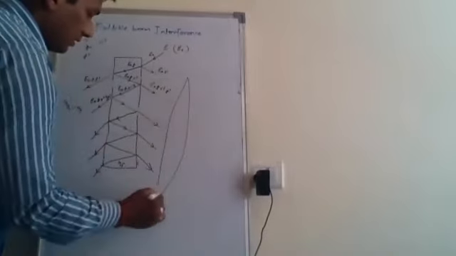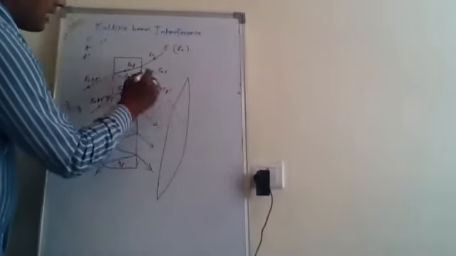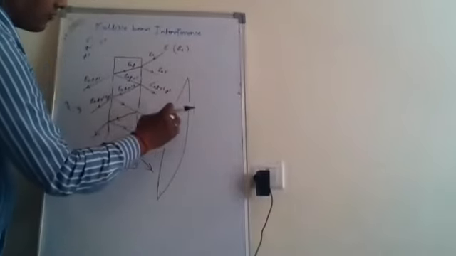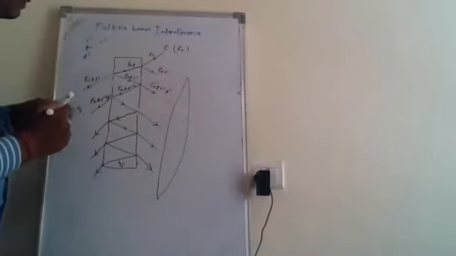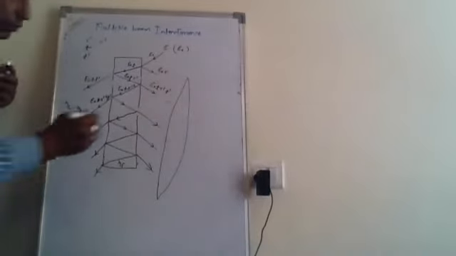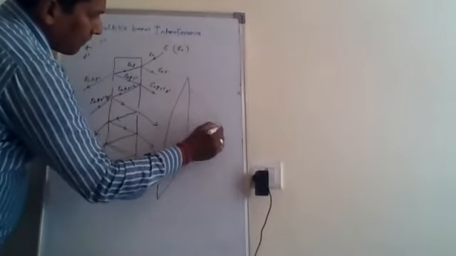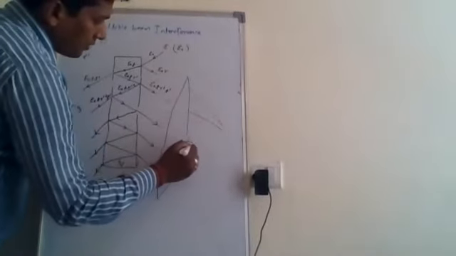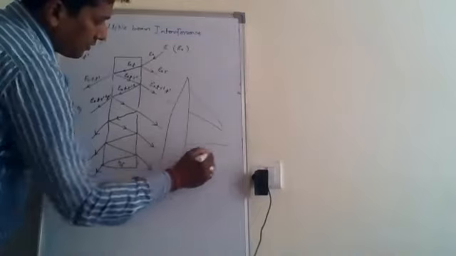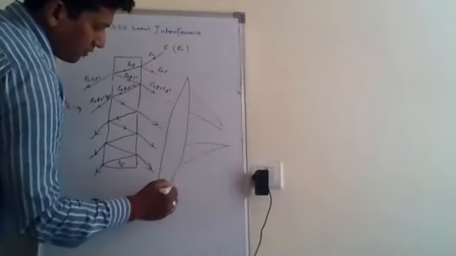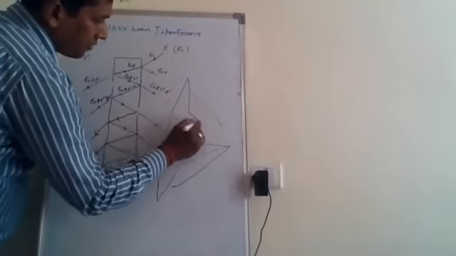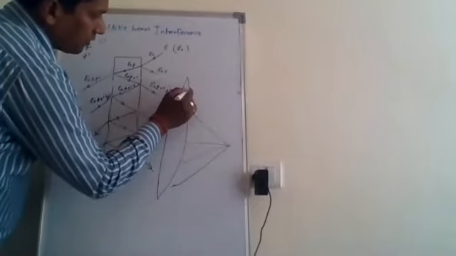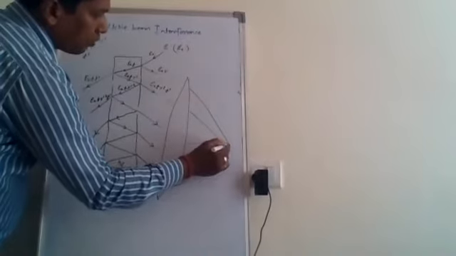Like this, and this reflected light will be captured, will pass through the convex lens, and they are going to meet at a particular point, at the focus.